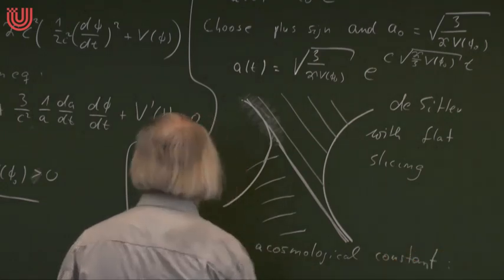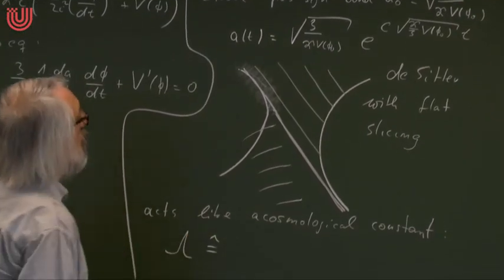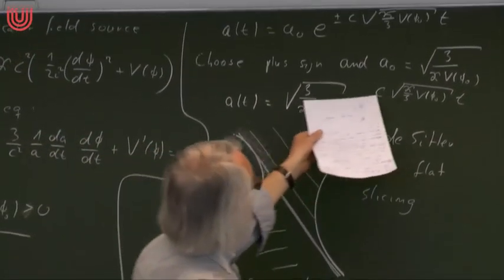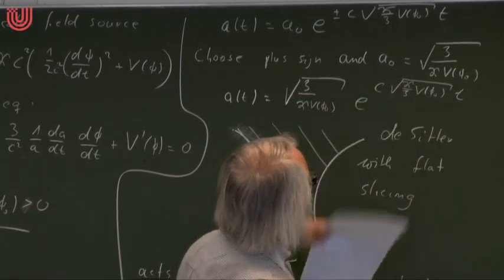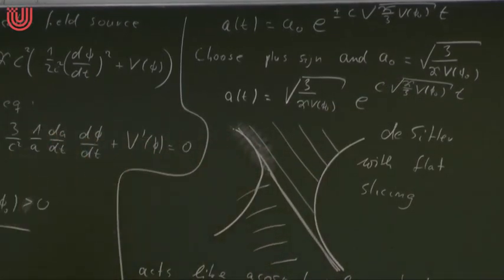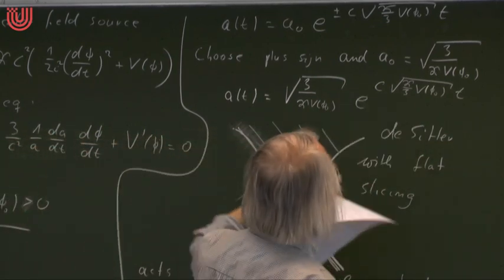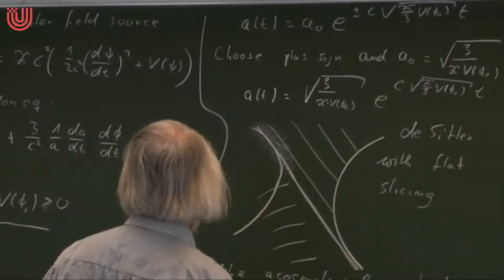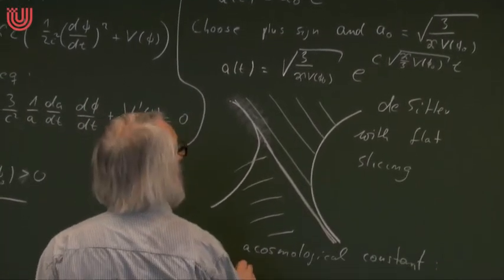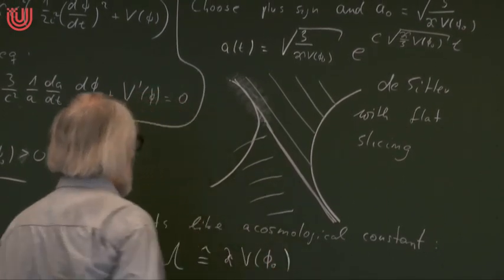Well, this here is, I said, a length. The cosmological constant has dimension 1 over length squared. So the cosmological constant must be kappa times v of phi naught.